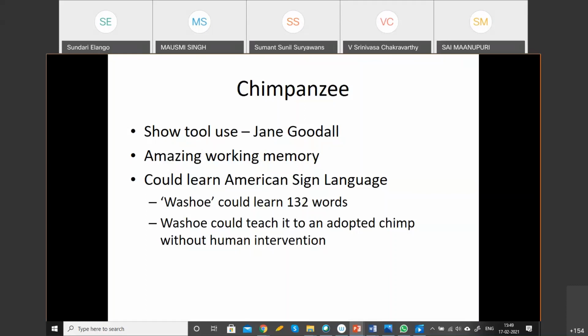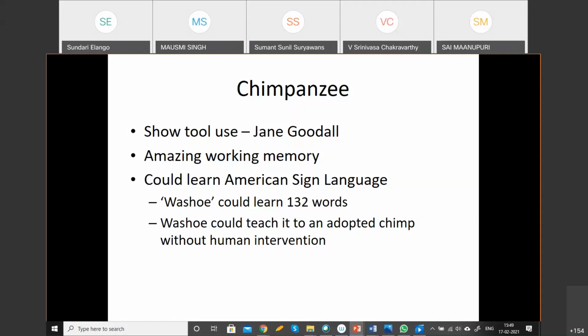Once she was hiding and observing chimpanzees, she saw a twig. Right. So the animal pulled out the twig and could eat the ants. So the animal was using a twig or a piece of stick as a tool to get at the ants. So that was an example of tool use.